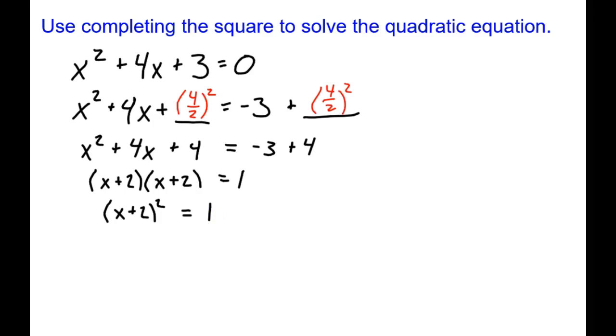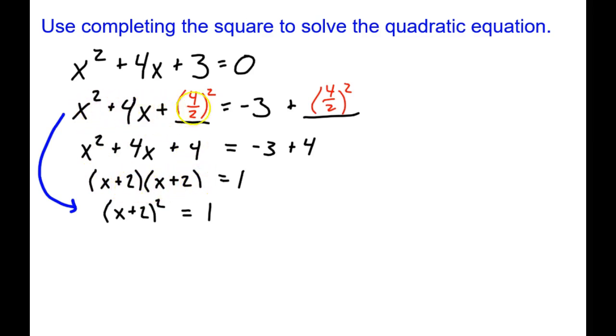Now, typically, once you understand this process, we're going to skip those last two steps. Once we add this b over 2 squared, that is always going to create a perfect square trinomial, meaning it's going to create a trinomial that is going to be factored into some factor times itself.